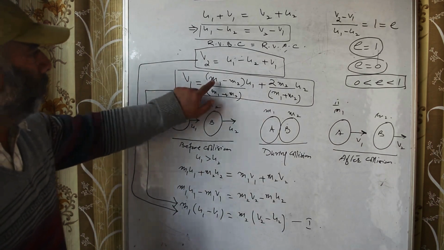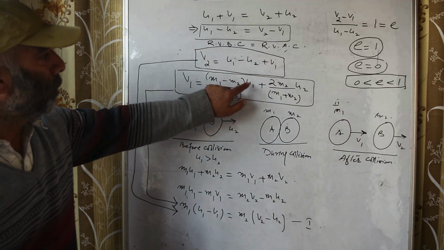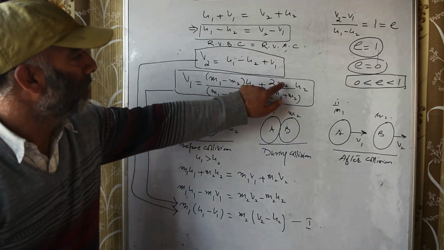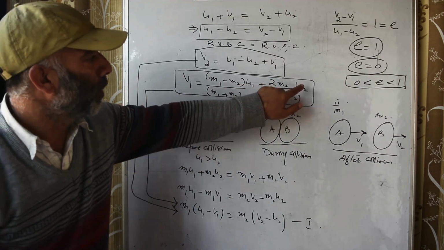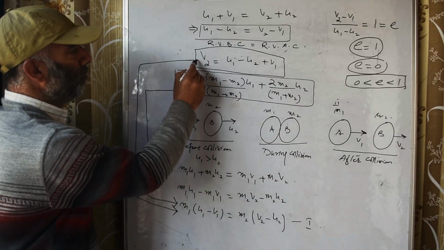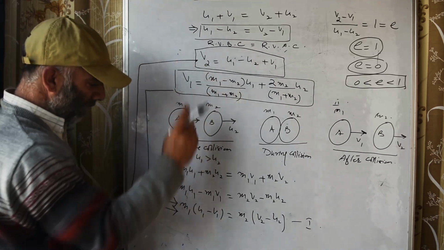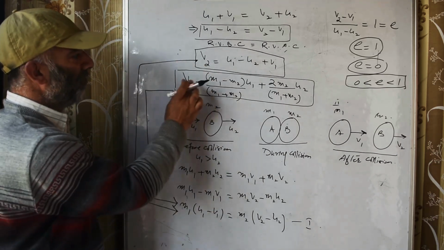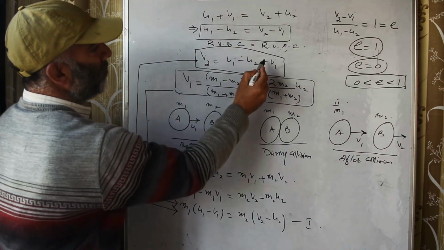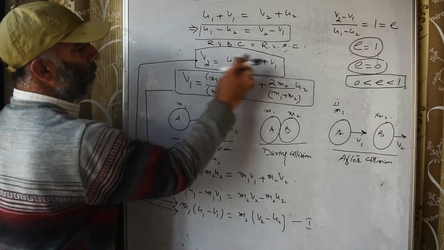How do you get this equation? Simply, you have to substitute the value of V2 from here in equation first. You'll get V1.